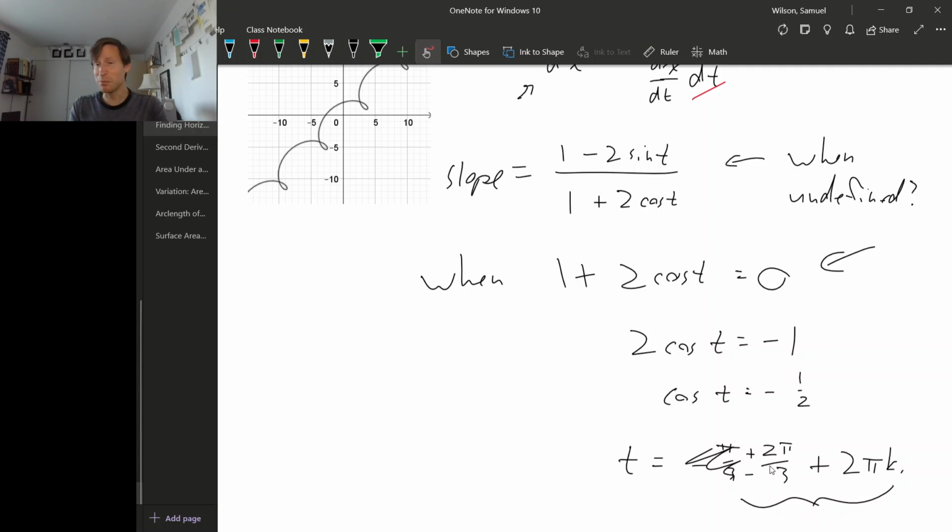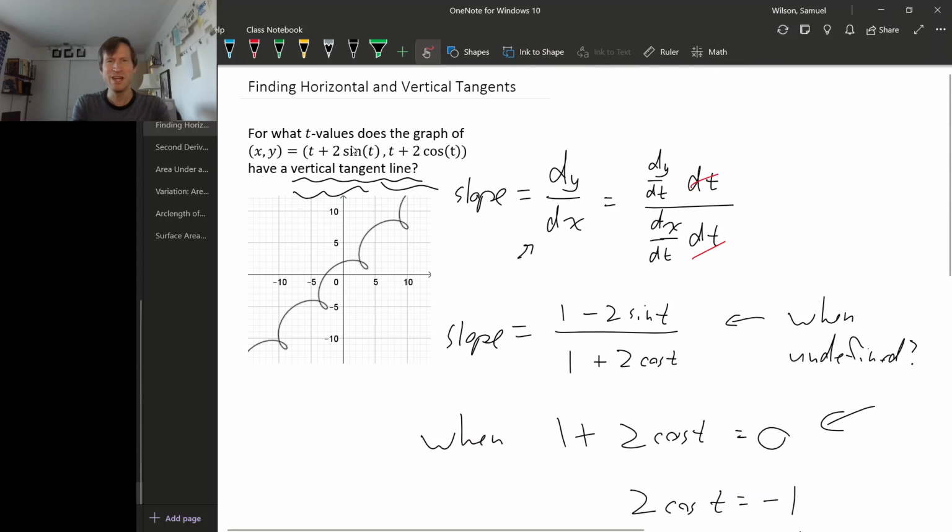So just to plot a couple of them, 2 pi over 3, that's going to be the first positive t value. And if you look at these coordinate functions, right, when t is 0, we're starting here. So this is t equals 0. And as t increases, we're moving to the right. So the first place where we have a vertical tangent is right there.